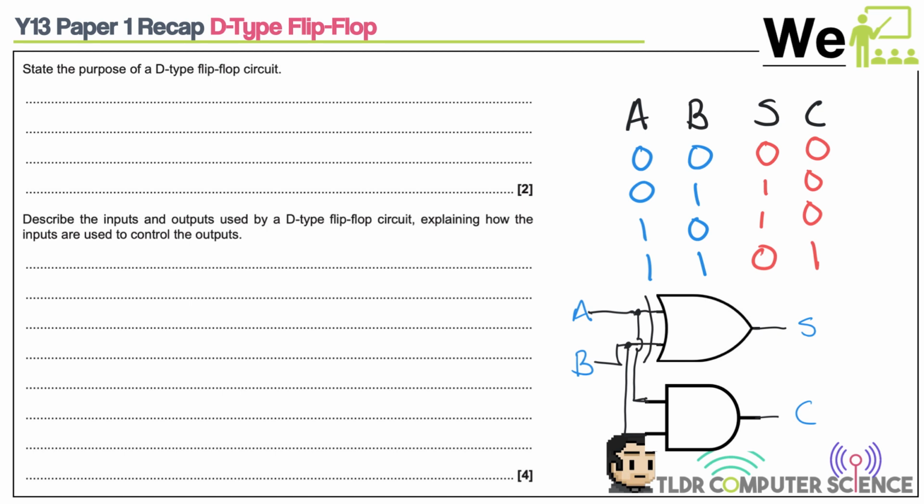So with a D-type flip-flop, one of the inputs will be a clock, and essentially the clock is something like this, where you've got impulses going along, and the rising edge, which is this one here, the idea is that values only change on the rising edge so that it's in sync.